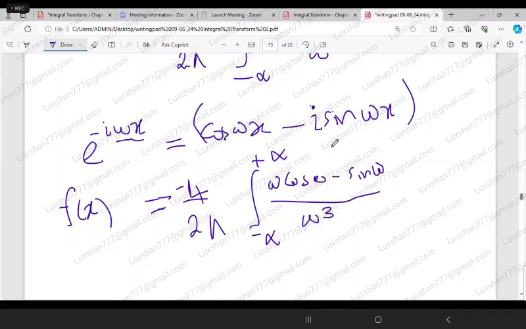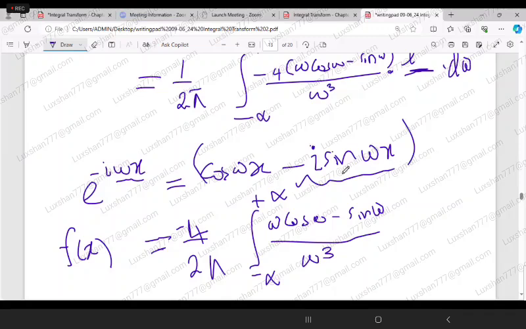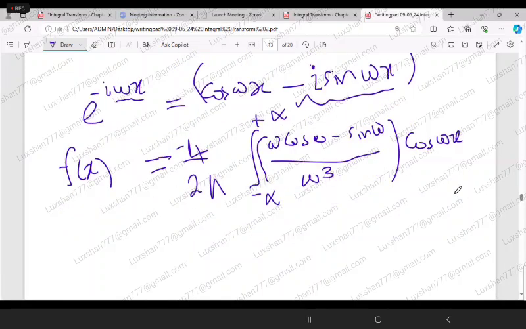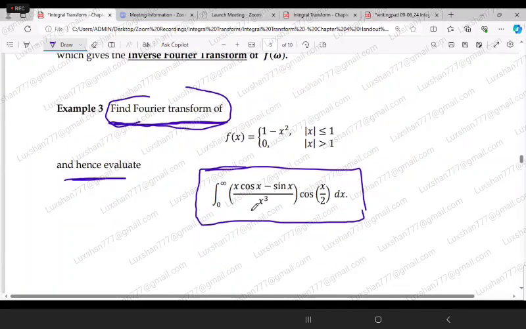And now I am not going to multiply by the imaginary part, but I am taking only the real thing, because f(x) is a real valued function. So into, I have cos omega x.